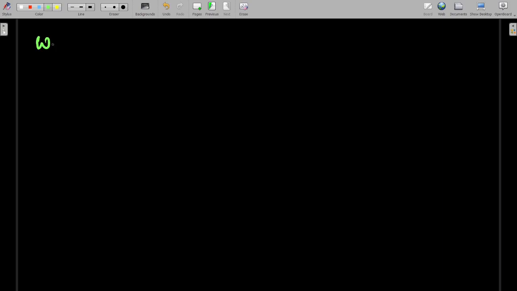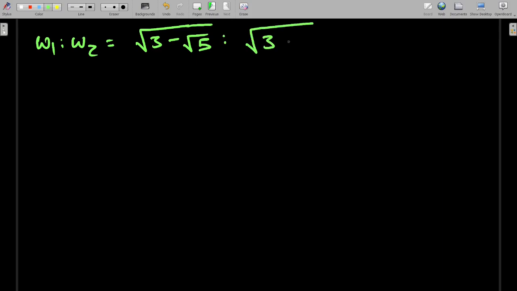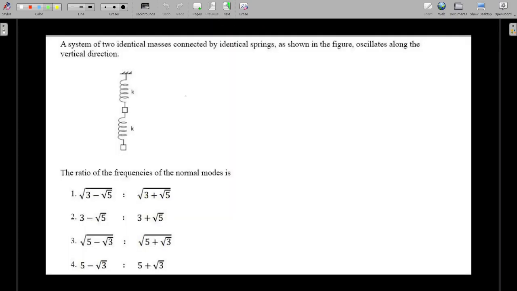So omega 1 is to omega 2 will become under root of (3 minus root 5) is to under root of (3 plus root 5), and if we check our options, then option 1 is the correct answer. So this is from my side of the solution.